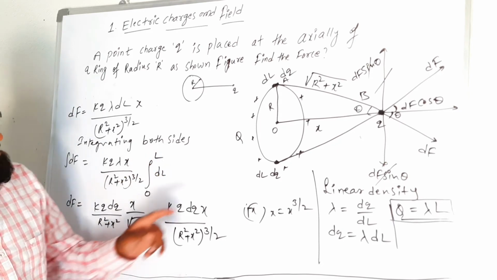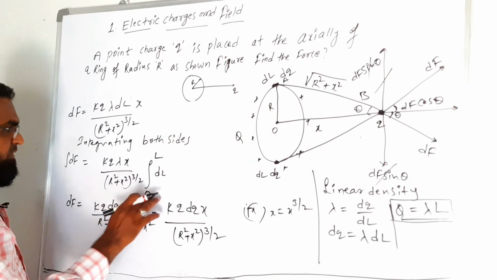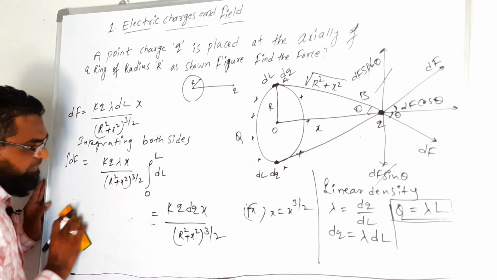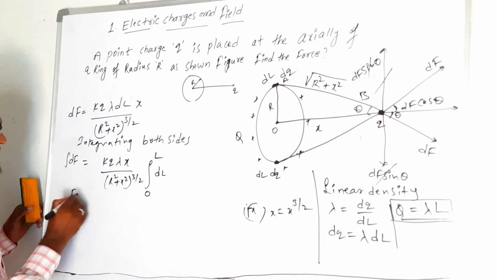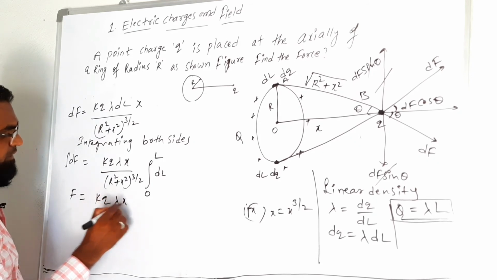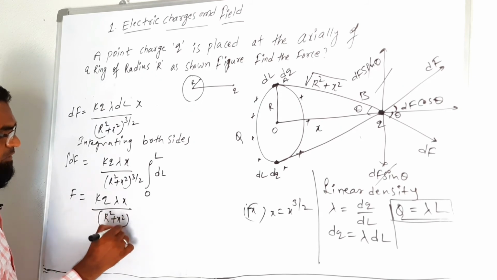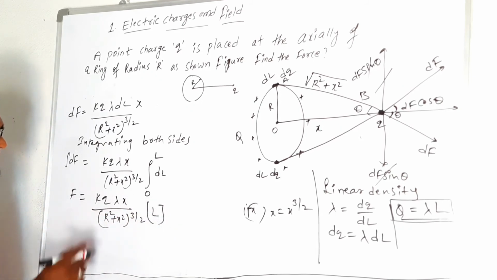How are the limits 0 to l? Starting from 0, the total length is l. So integration of dl gives l only. Finally F equals k q lambda x by r square plus x square whole power 3 by 2 into l.